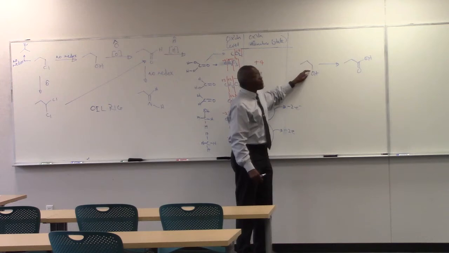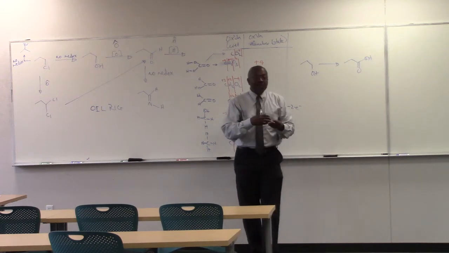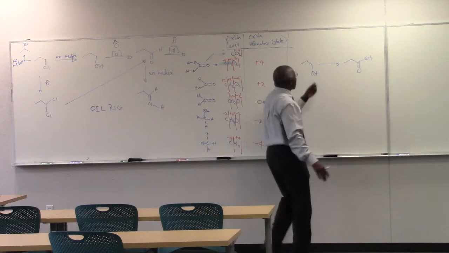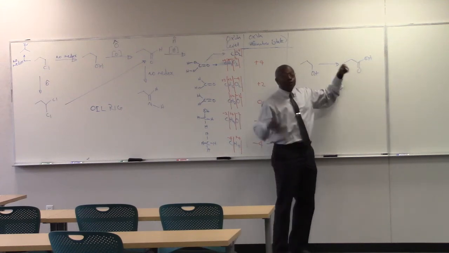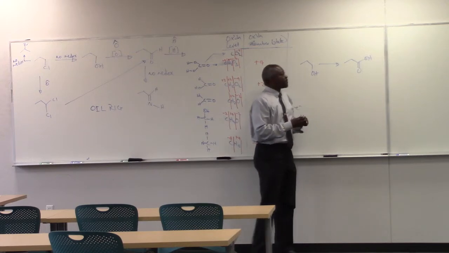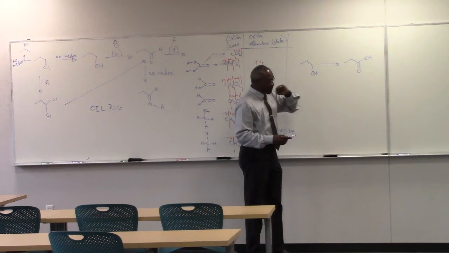Here it's got 3. So as I gain bonds to heteroatoms, that represents oxidation. I can also say this compound has gained O's, which is a very loose and very low level definition. So it's oxidation because I've gained bonds to heteroatoms.